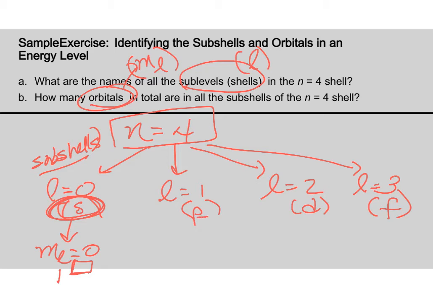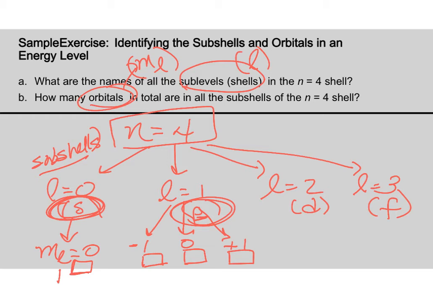Let's look at the p sublevel when l equals 1. What values can m sub l have if l equals 1? Well, m sub l can be minus 1, it can be 0, and it can be positive 1. So there are 3 orbitals in a p sublevel.